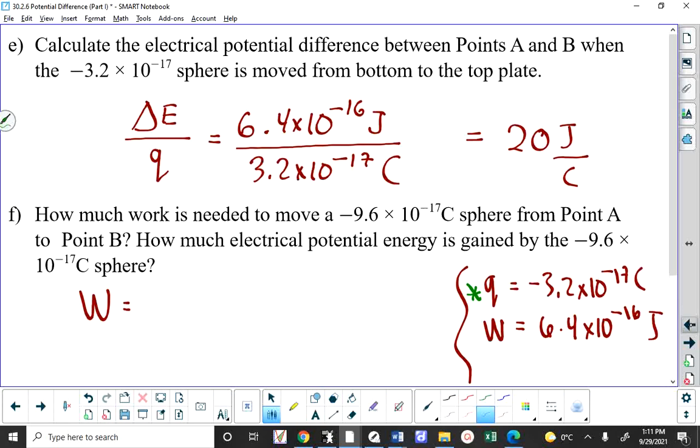Is it going to be the same amount of work? And I think the answer is obviously no, but I want somebody to come up with a reason why the work will be different. Will the work be less? Will it be more? If it's more, why is the work going to be more? It will be more, by the way.